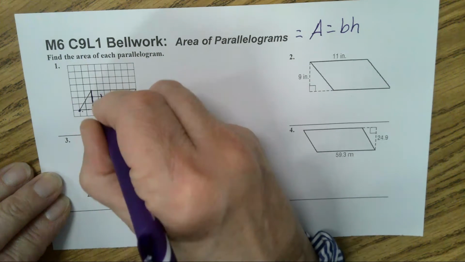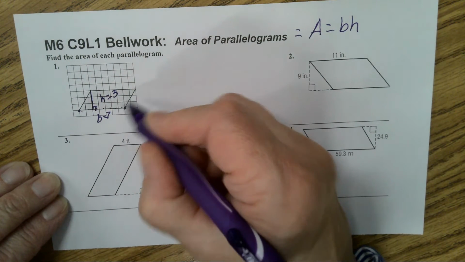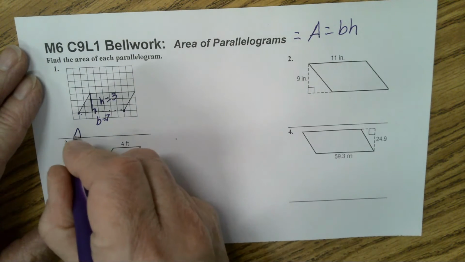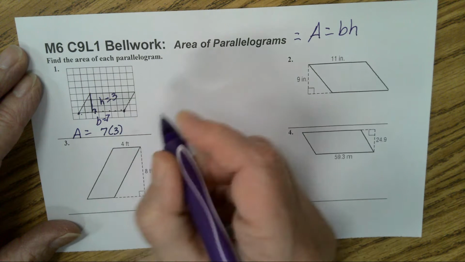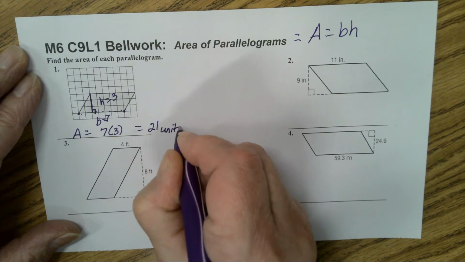So my height equals 3. It's not the slanty distance, it's the perpendicular distance. So for problem number 1, you should have 7 times 3, which equals 21 units squared.